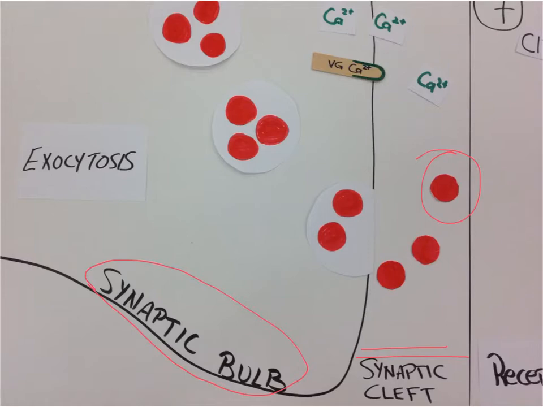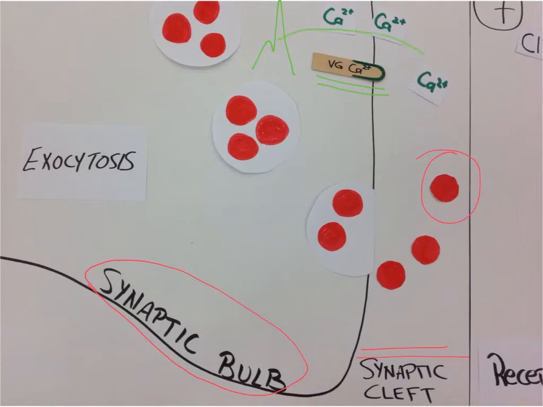The question is now, what is the link between that electrical signal and the release of these neurotransmitters? As you can see at the top here, there are these other channels called voltage-gated channels, voltage-gated calcium channels. So in response to the action potential, these voltage-gated calcium channels open up.